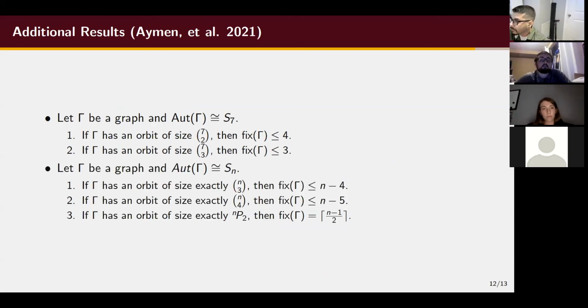Then for a graph gamma with automorphism group isomorphic to Sn, we can show that with an orbit size of exactly n choose 3 or n choose 4, then the fixing number will be less than or equal to n minus 4 or less than or equal to n minus 5 respectively. And with an orbit size of exactly n choose 2, the fixing number will be equal to the ceiling function of (n minus 1) over 2.